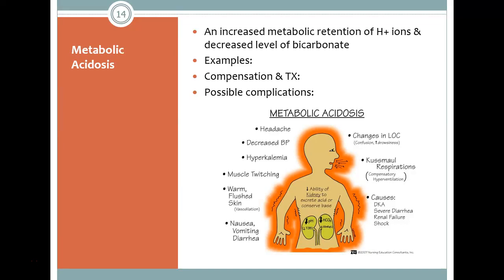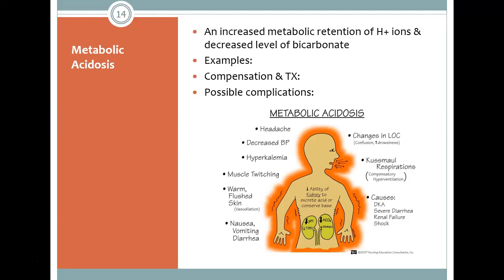So you have the decreased ability for the kidneys to get rid of the acid, or even the kidneys' inability to conserve the base. So we have a pH that's below 7.35 and a bicarb that's below 22.